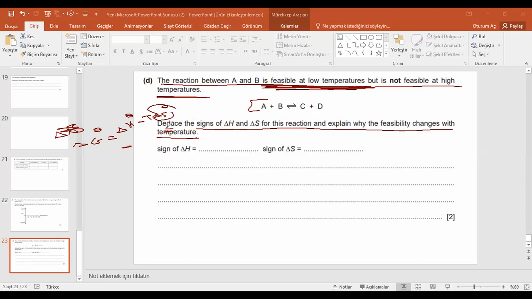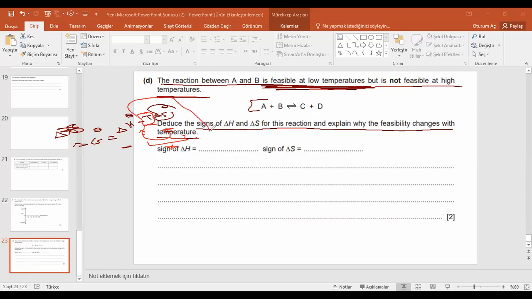So what will happen is this negative will be multiplied by this negative. The whole part will be positive, and we will see why. Suppose at low temperature, T is small. This T has a small value.